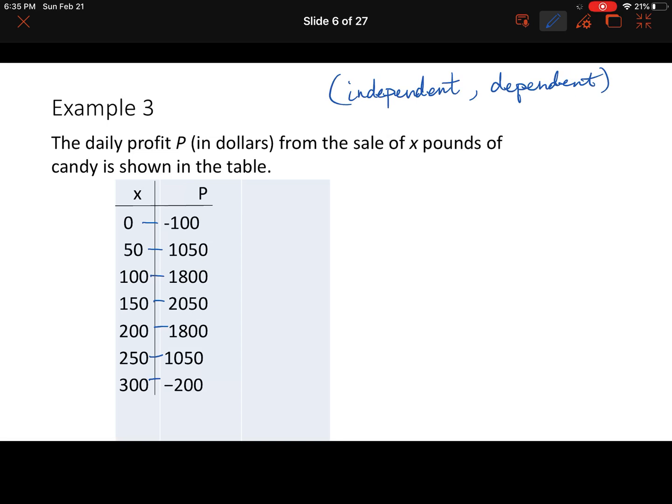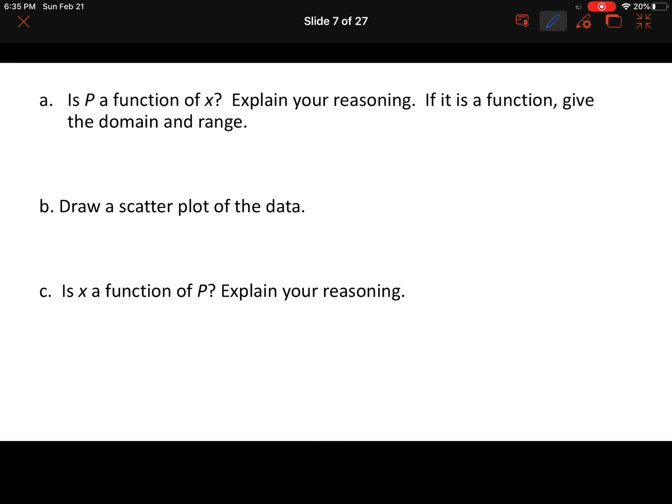All right. So that answer: is P a function of x? Yes. Explain your reasoning. Because every value of the domain corresponds to its own value of the range. If it is a function, give the domain and range.